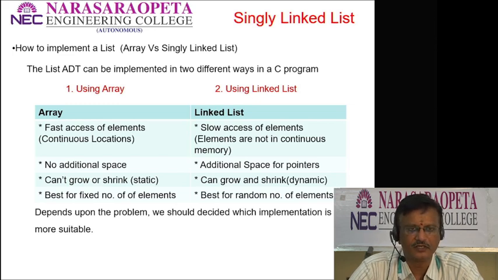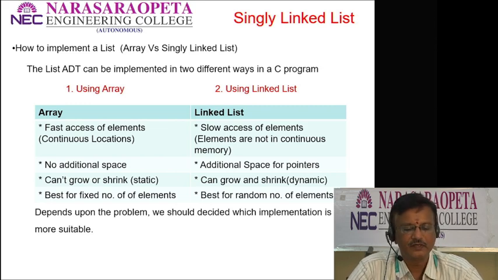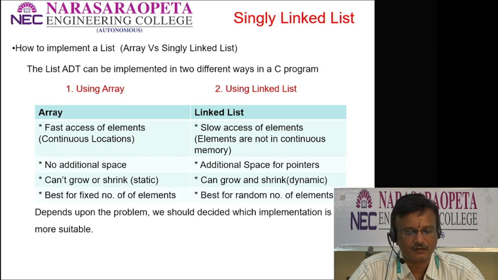If there are only five elements, we can create five nodes. If there are 100 elements, we can create 100 nodes. In that case, the linked list is very helpful. The main advantage is that it can grow whenever a few more elements need to be added. It can grow dynamically. That is the main advantage of the linked list.